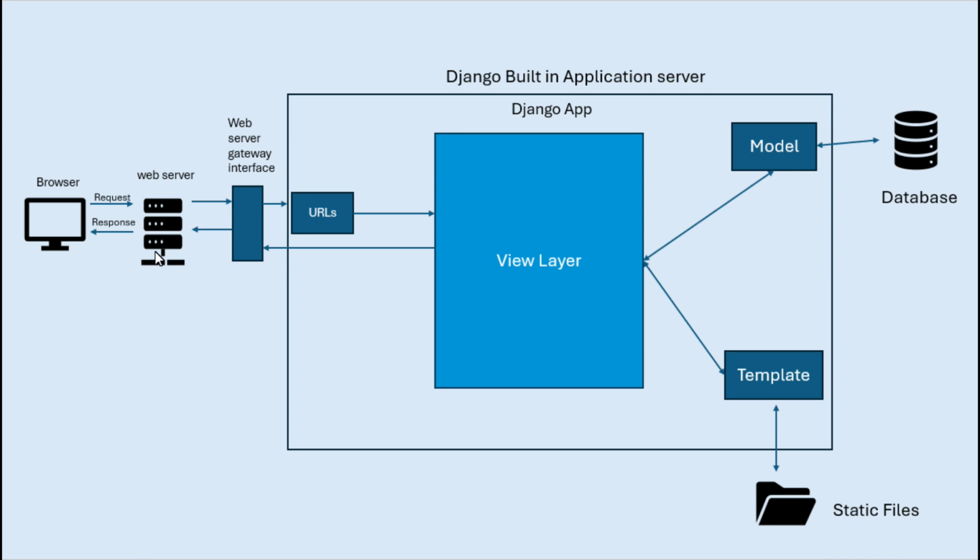For production environments, however, more robust web servers like Nginx or Apache, combined with application servers like Gunicorn or uWSGI, are recommended to handle higher traffic and ensure security and performance.